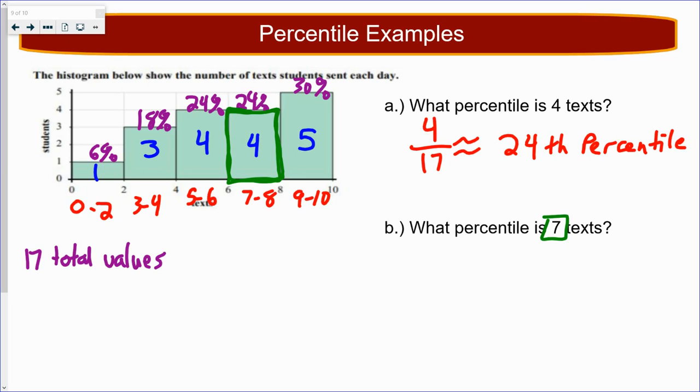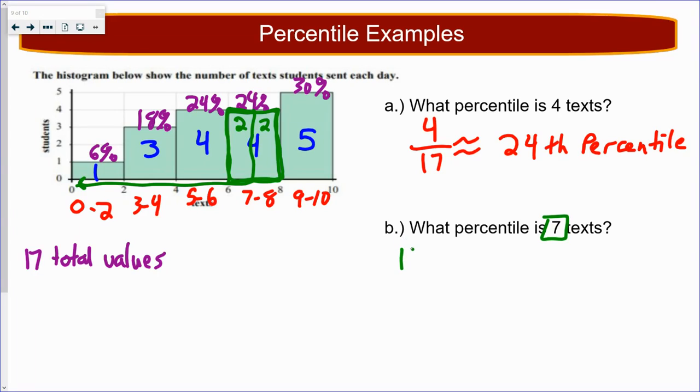But what we can do is approximate it. And the way that we're going to approximate it is we're just going to cut this one in half. We're just going to guess that it's reasonable that half would be 7, half would be 8. So then what we can do is add these all together. We could add the values: 1 plus 3 is 4, plus 4 is 8, plus half of this would be 2 more.